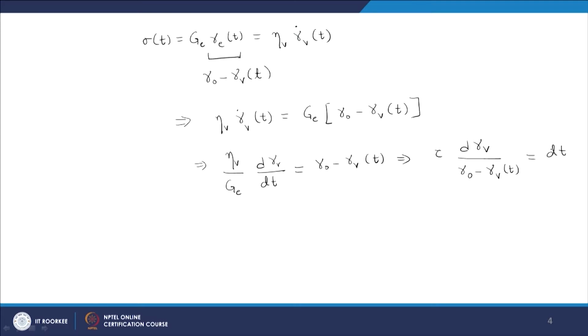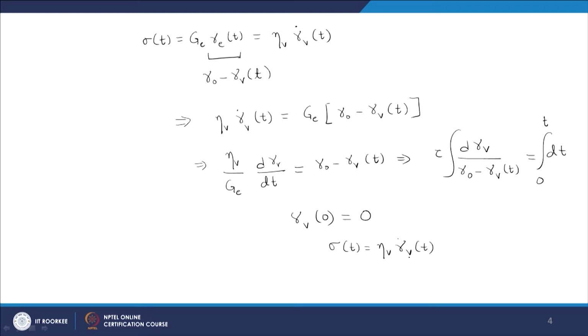Now, we have to be careful about the limits. We go from time 0 to t. At time t equal to 0, gamma_V(0) has to be equal to 0, because ultimately we equate sigma(t) with eta_V gamma_V dot(t).